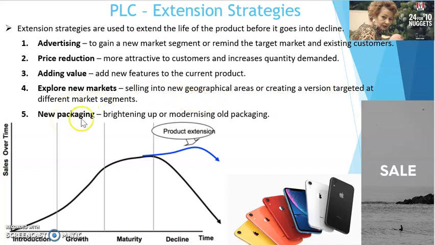Finally, new packaging. So brightening up or modernizing old packaging could be absolutely one way in which the business is able to extend the product life cycle by giving the impression that the product remains up to date and it remains tasteful.